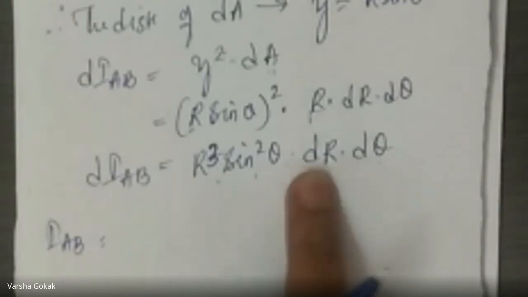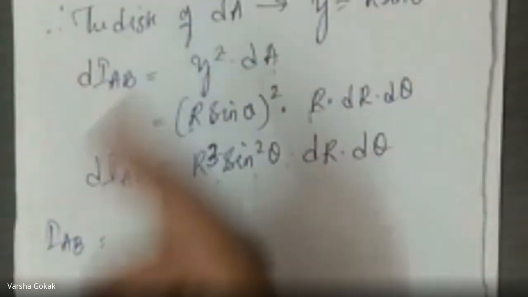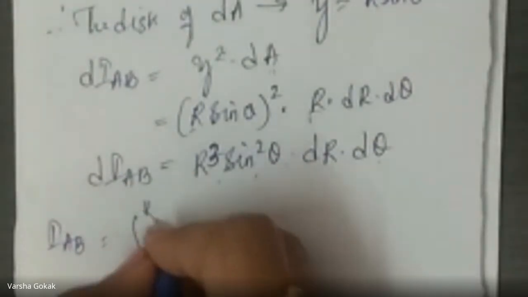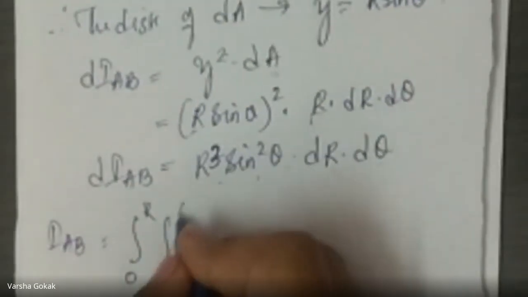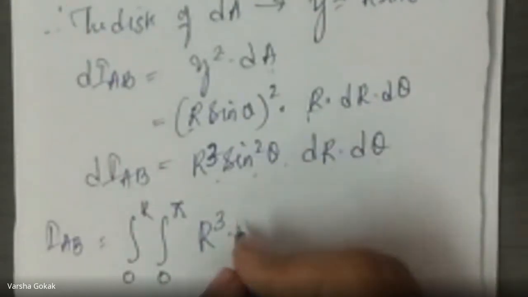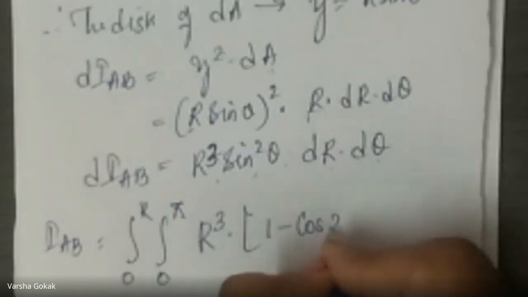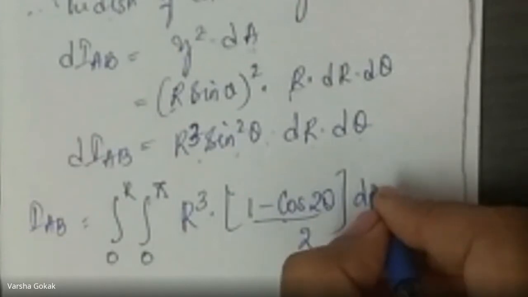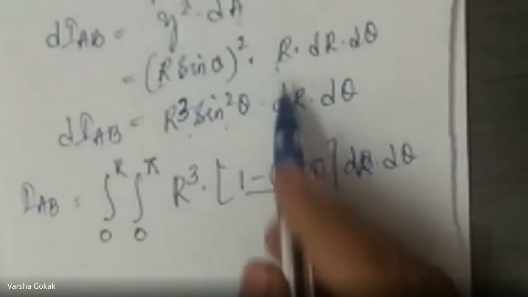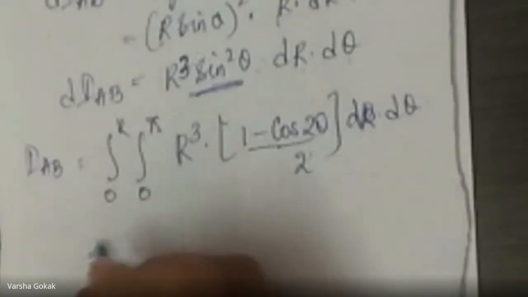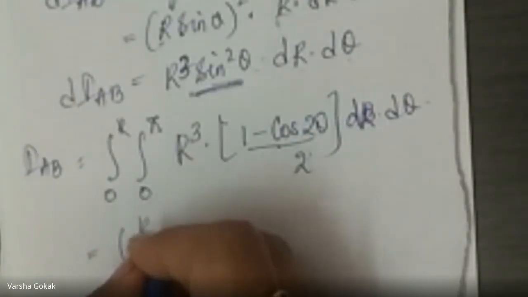So I have two differential elements, so I'll have double integration coming into picture. So it is going to be integration of 0 to r, and integration of theta would be 0 to pi, right? r cube. For sine square, let us substitute 1 minus cos 2 theta divided by 2, okay, into dr into d theta. I just substituted for sine square its formula. Okay. So then when I open one of the integration signs, I'll have 0 to r left with me.